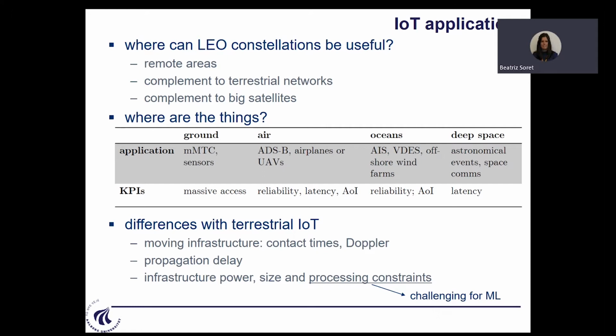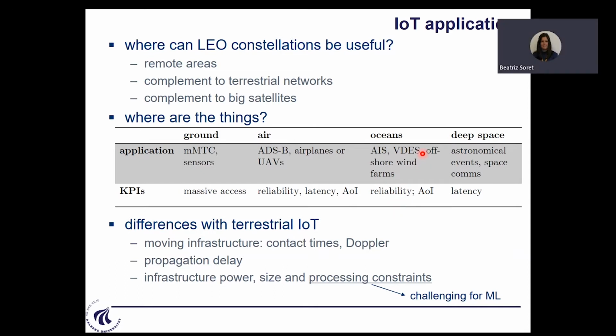So it's to create awareness, so everybody knows where the others are. And this in the ocean has to be supported by satellite. Here, the KPIs can change and the challenges are different. Here, you might be interested more in the reliability, the latency, or the age of information. I will talk about this in a few slides.